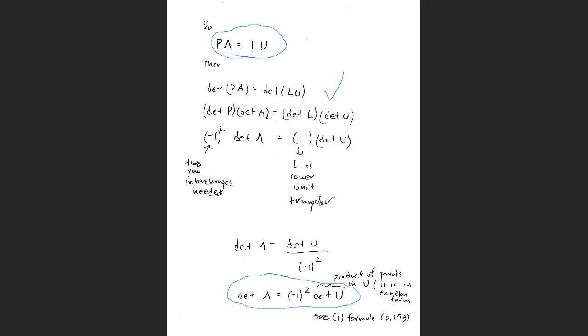The -1 to the second power is because you did 2 row interchanges. If you had done 10 row interchanges, you would have a 10th power there.